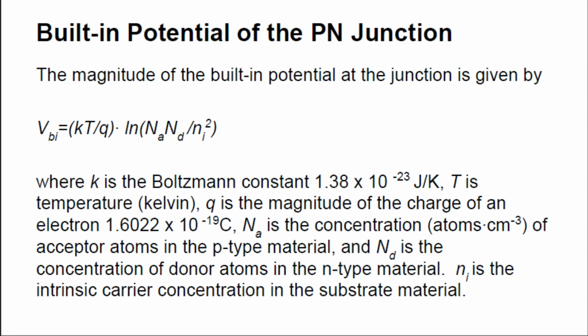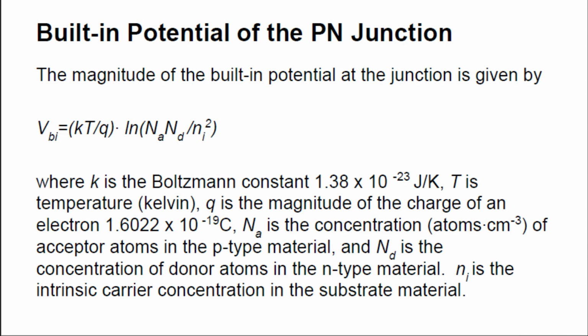Na and Nd represent the doping concentrations in the two semiconductor materials before they're put together to make a PN junction. The A in Na represents acceptor, so this is the boron doped semiconductor material, which would be the p-type, and whatever the concentration of boron atoms is that was used to dope that material, that's Na.